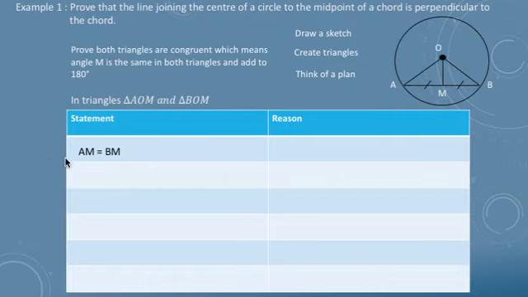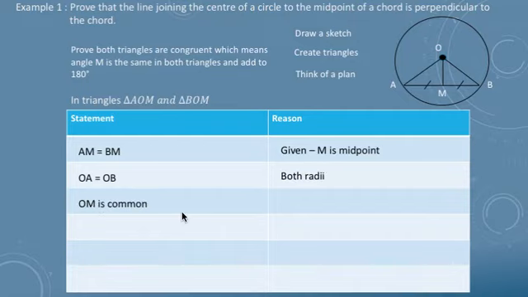First statement, AM equals BM. How do we know this? Because M is the midpoint. OA equals OB. We know this because they are both the radius. OM is common in both, so again, must be identical. Using what we know from our previous slide, we know therefore those two triangles are congruent because side, side, side.